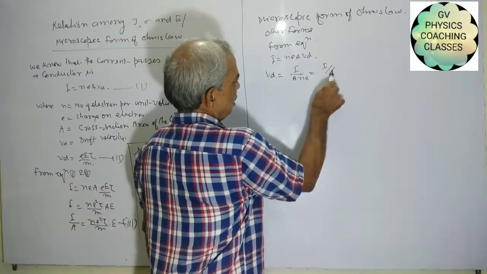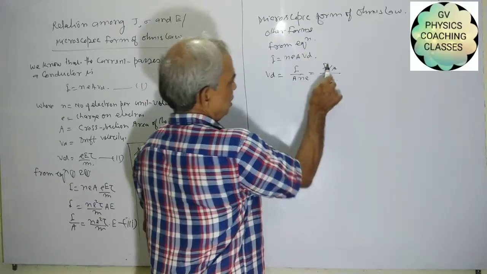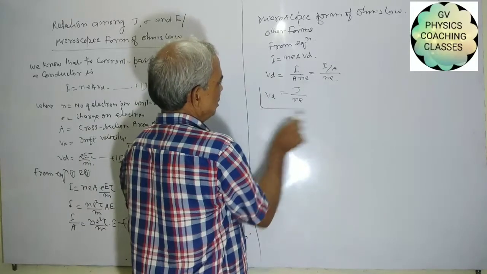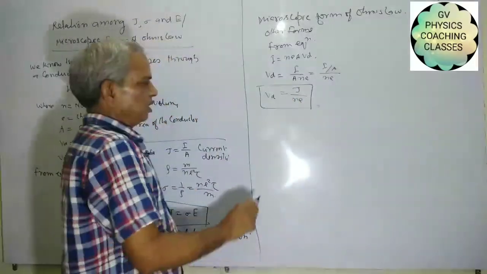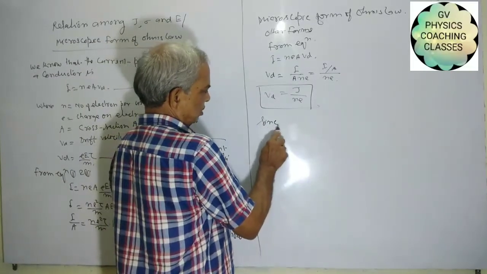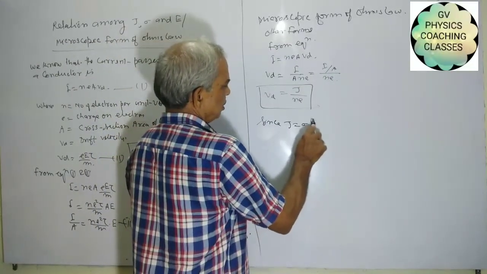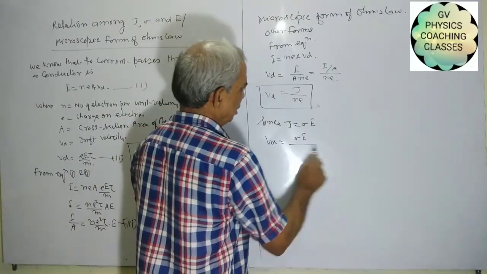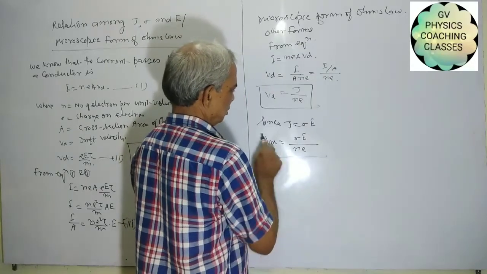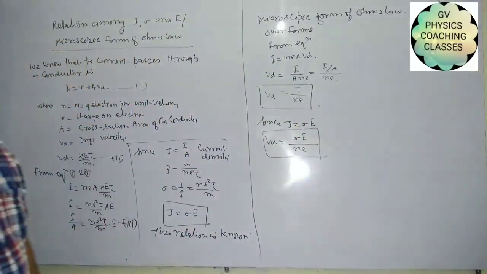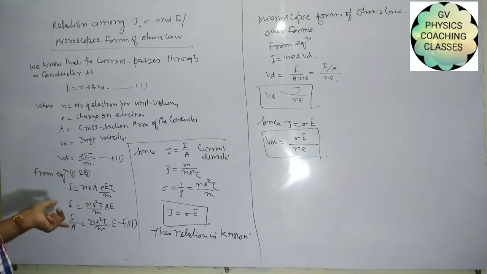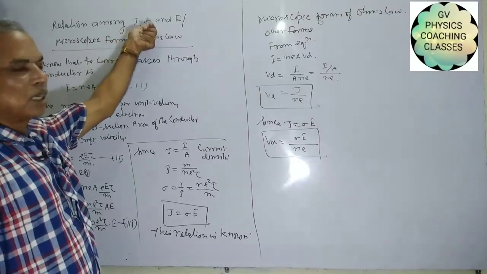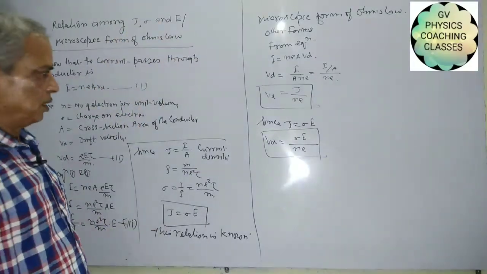Since I upon A is J, this is J upon n e. This is Vd. Since J equals sigma E, then Vd also equals sigma E upon n e. This is all about the relation among current density, conductivity, and the electric field E.